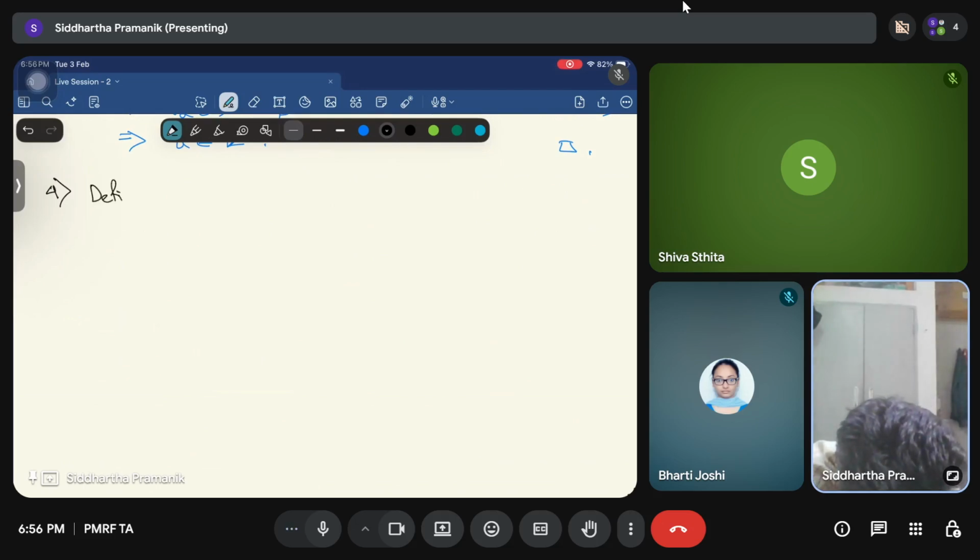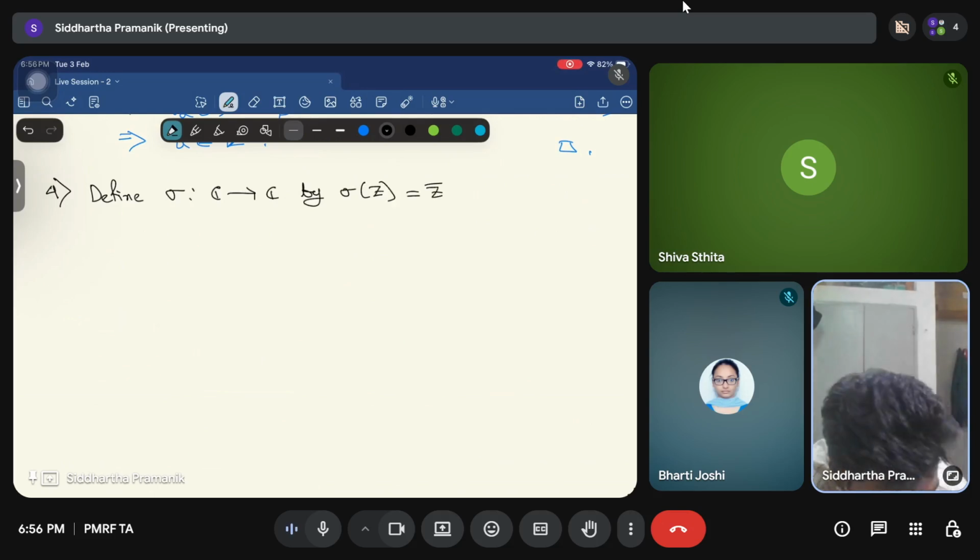Define sigma from C to C by just conjugation. Sigma of z goes to its conjugate z bar, right? And let G be the group generated by this.